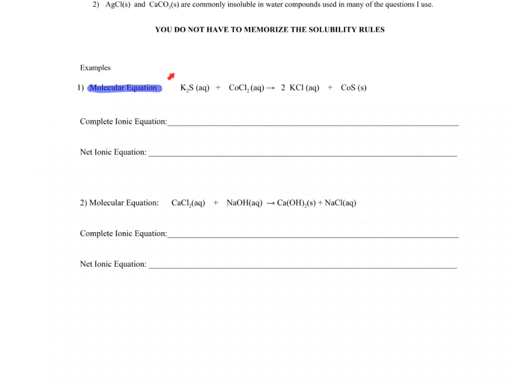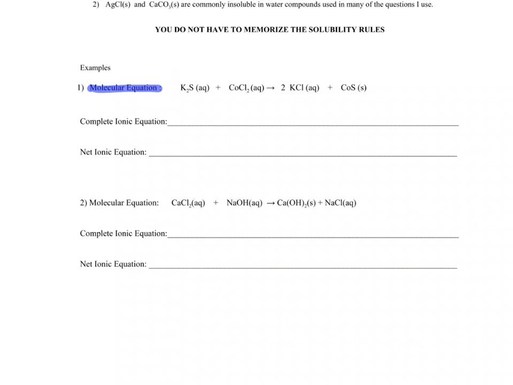to separate each element in each compound into their respective ions. So for this, you'll need to refer to your periodic table and understand that group 1 elements have a positive 1 charge, group 2 elements have a positive 2 charge, and so forth. So looking at my first compound, I've got potassium and sulfur, K2S. All right, so I'm going to break those apart into ions.